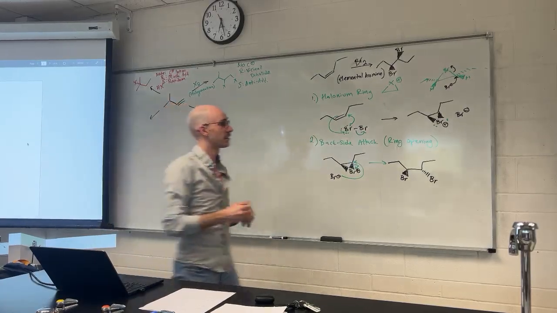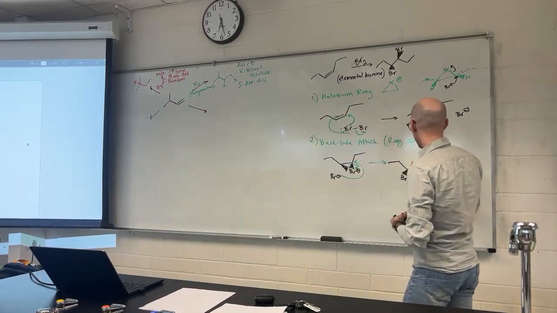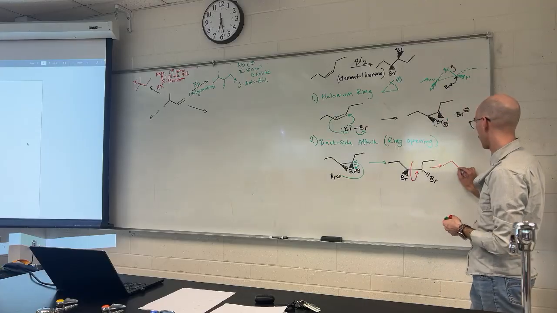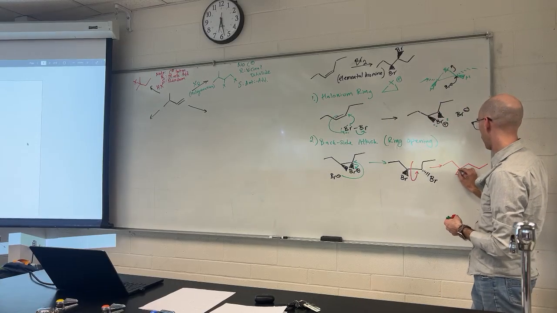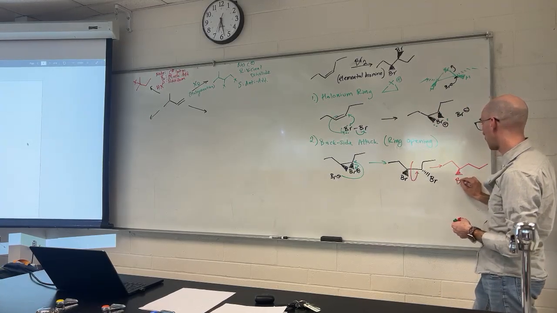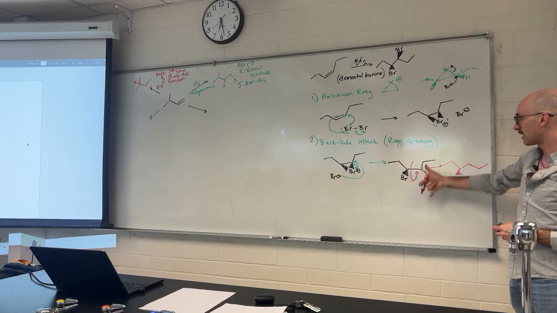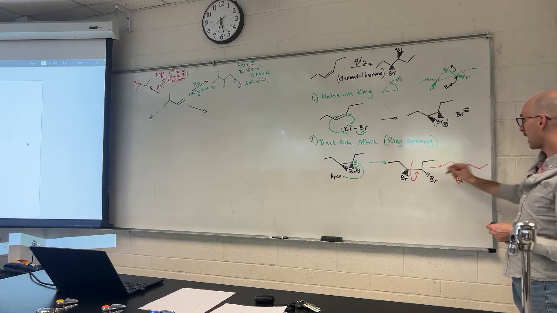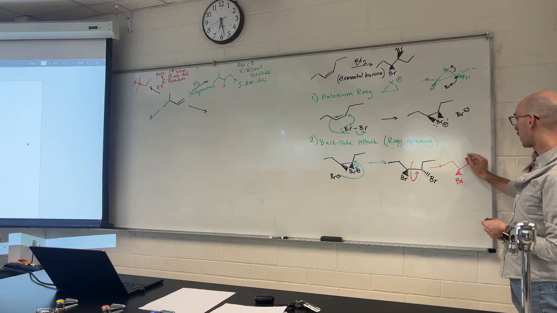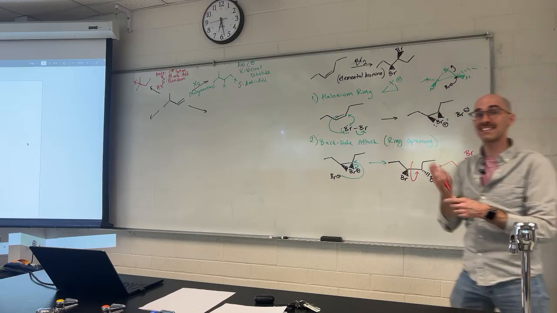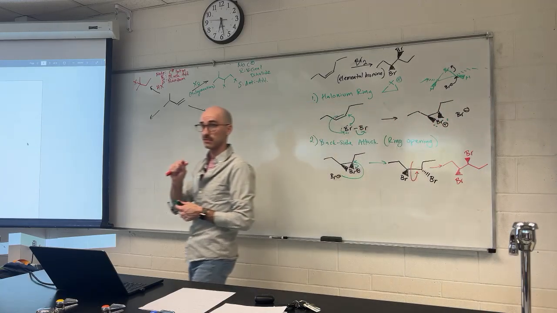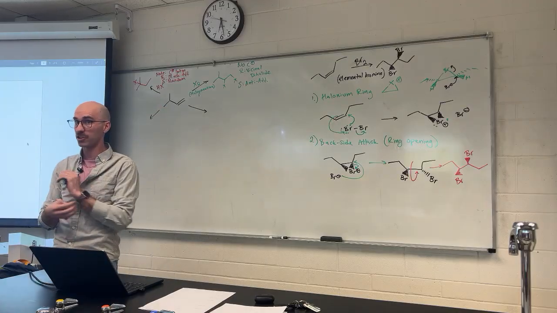So this simply rotates, just like we practiced back in Unit 2. When I rotate this zig-zig into a zigzag, my dashed group comes up looking wedged. It has the same chirality, same absolute arrangement in space.